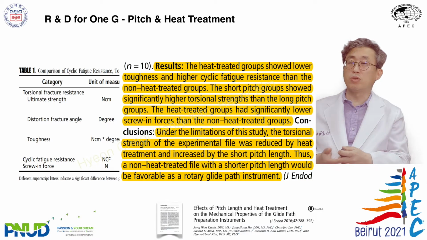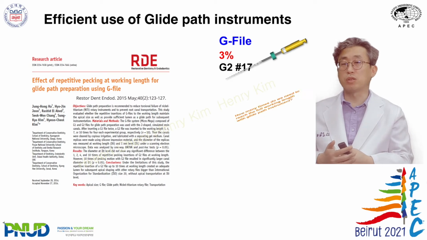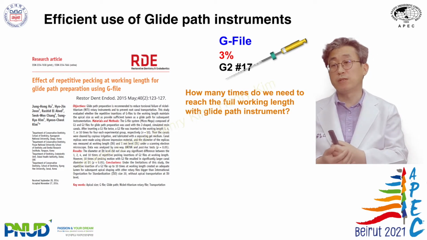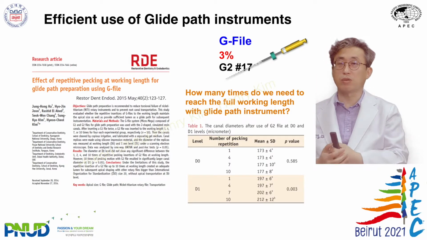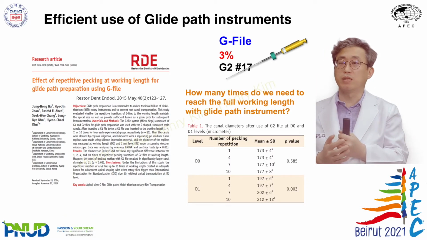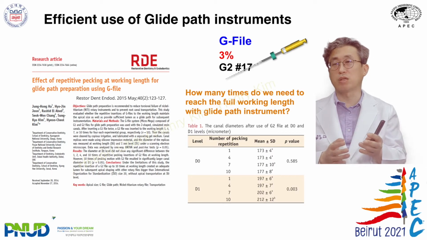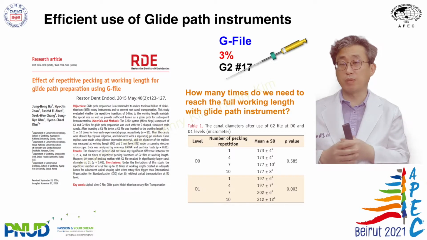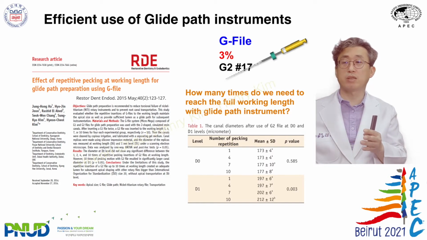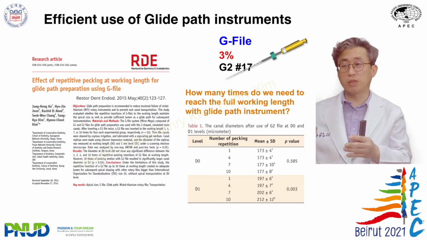I would like to introduce some studies on how to use the glide path instrument efficiently. The question in this study is, how many times do we need to reach the apical end with the glide path instrument to make a good glide path? We compared the repetitive insertion to the working length with 1, 4, 7, and 10 times.